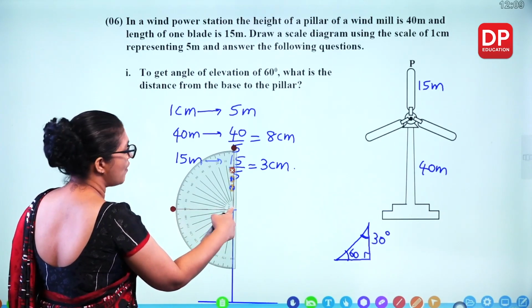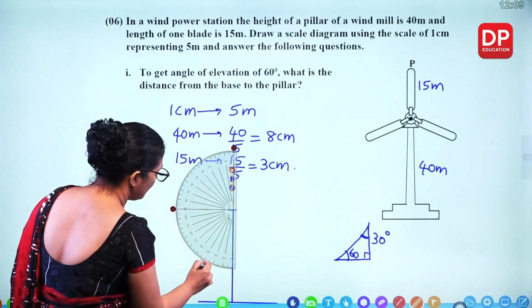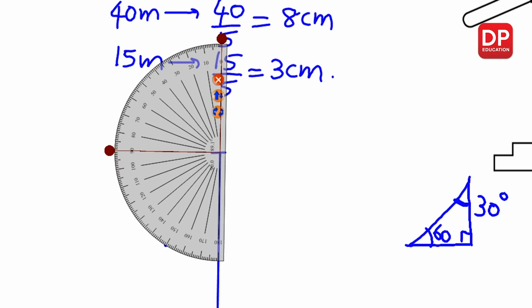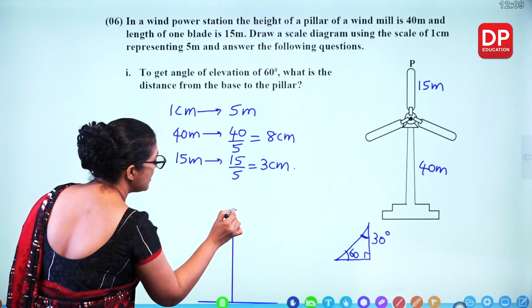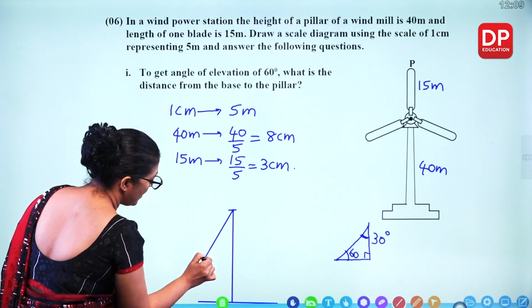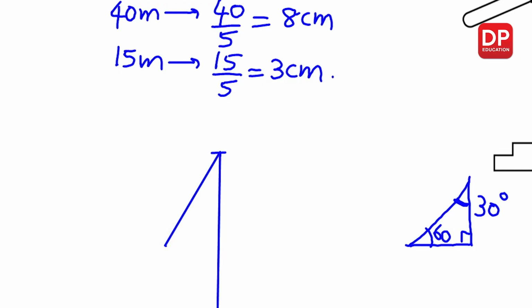This is the blade, one blade. So I'll take 10, 20, 30. And this is the blade. I have to see what's the height, because height of the blade is 3 centimeters.